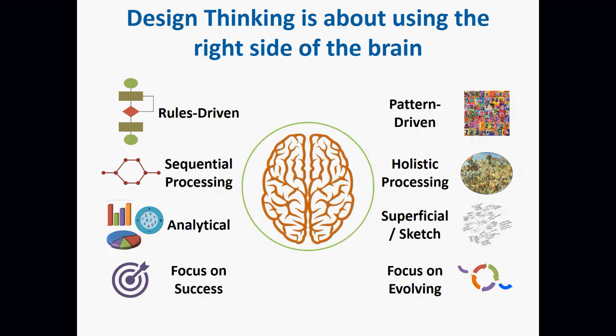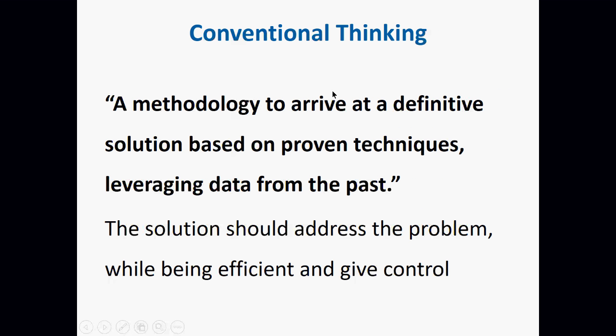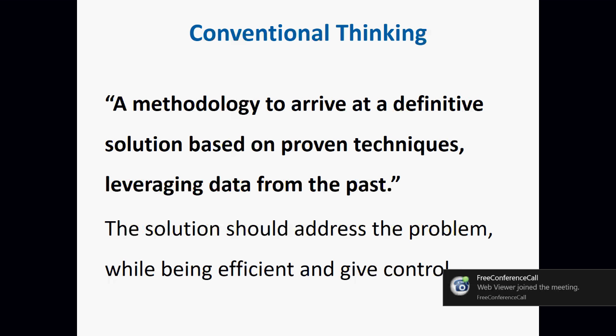So when you see design thinking is so radically different from the conventional style, so let's try and define what is conventional style of working. A conventional thinking is a methodology to arrive at a definitive solution based on proven techniques, often leveraging data from the past. So a conventional method addresses the problem, and at the same time, forces one to be efficient and be more control oriented.